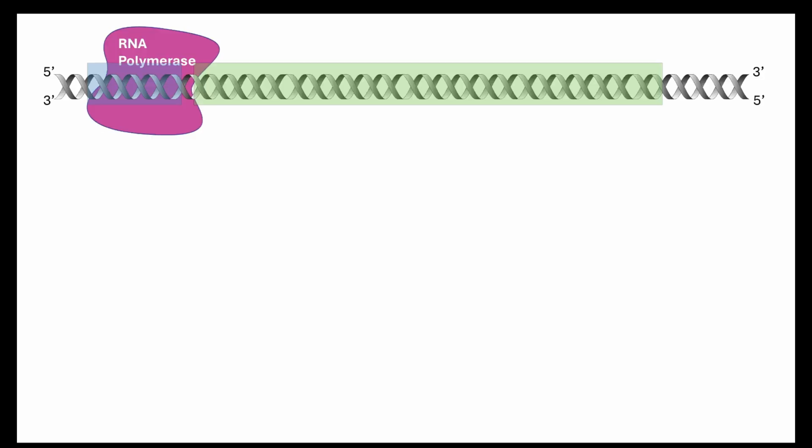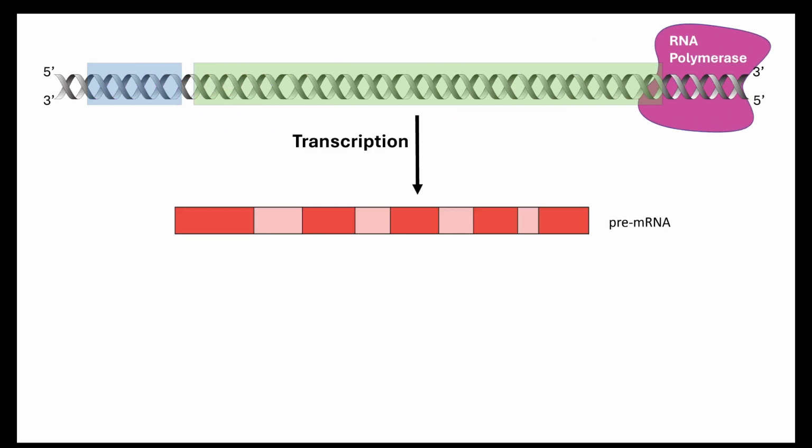Now, before we go anywhere, we need to modify this slightly. So our RNA polymerase is going to form those phosphodiester bonds and we're going to transcribe and end up with our pre-mRNA. Now we need to understand that in that pre-mRNA, in that section of a gene, there are areas called exons. Those exons are known as coding regions.